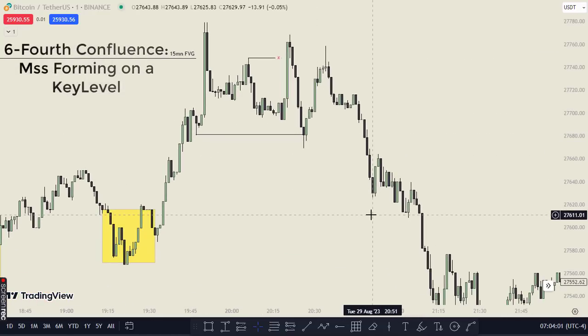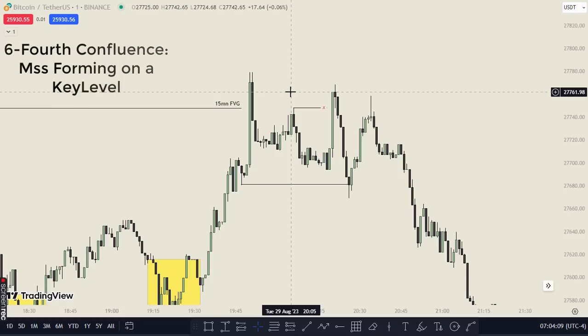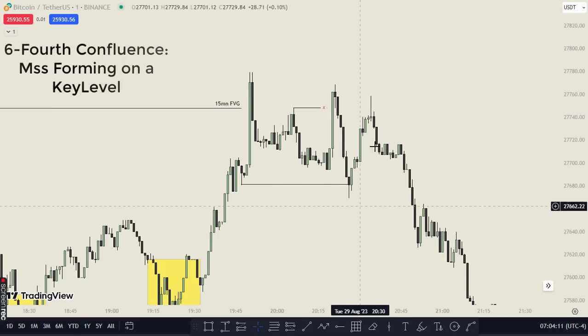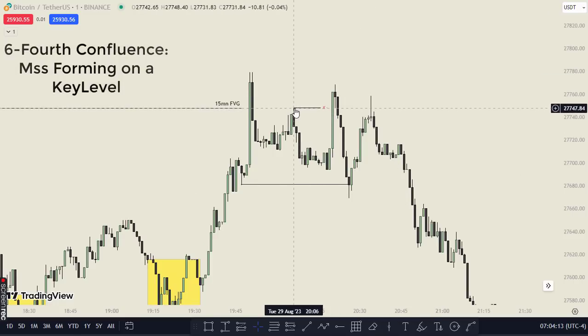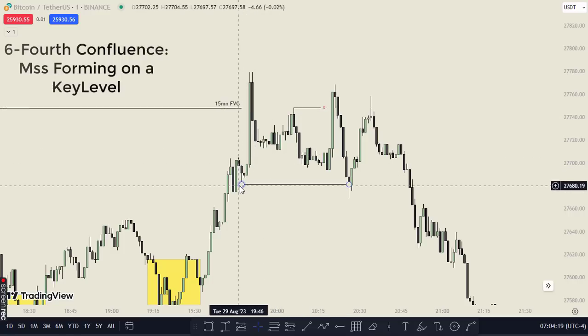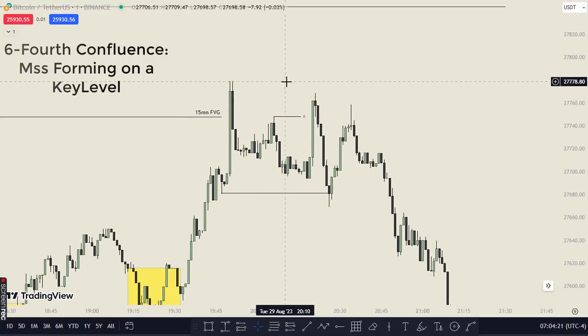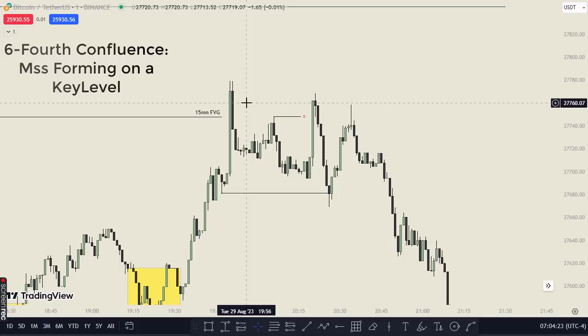even more probable. So the fourth property is we want to see that market structure shift, that sweep on recent liquidity, right? Recent swing high, violating the swing low that created the swing high. We want to see that form on a key level. It could be a 15-minute fair value gap, right? So it is based on the time frame you are operating in.